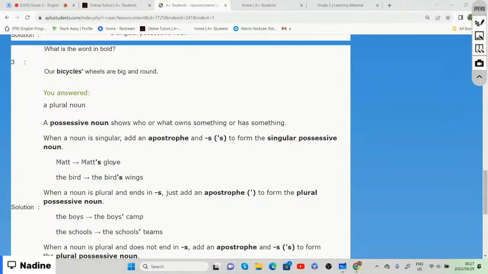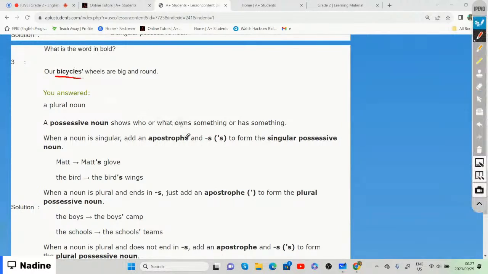Seeing that we only have the apostrophe after the S, after the word, it means that it is giving us a plural possessive noun.